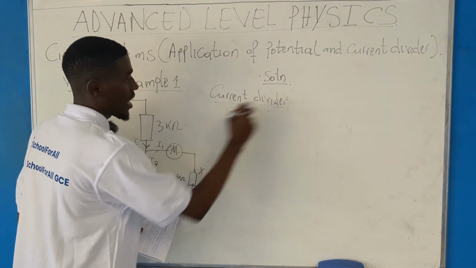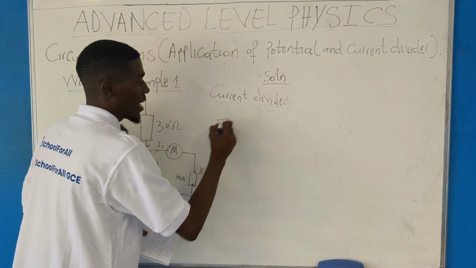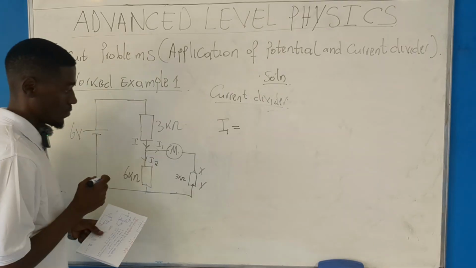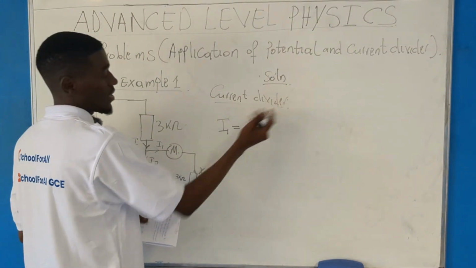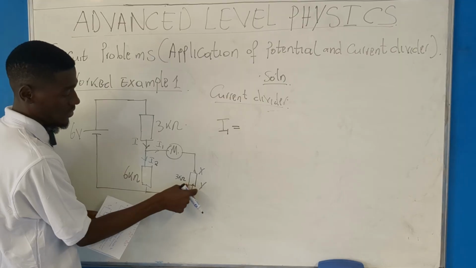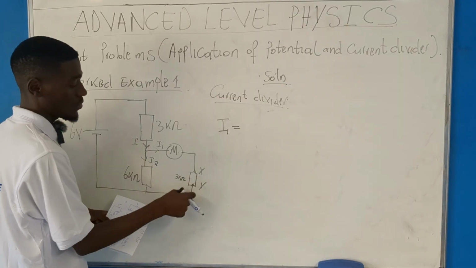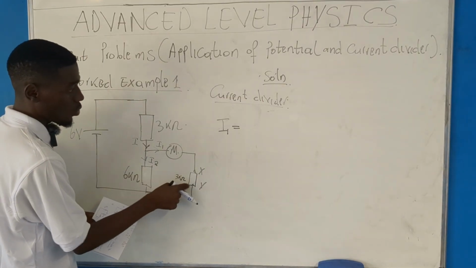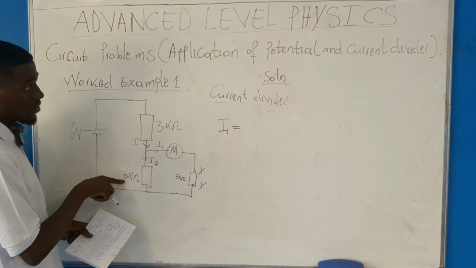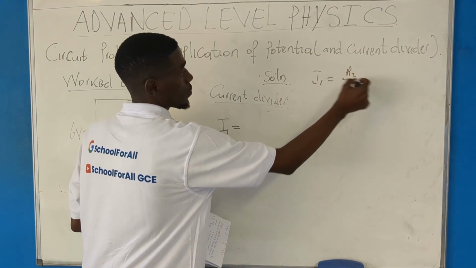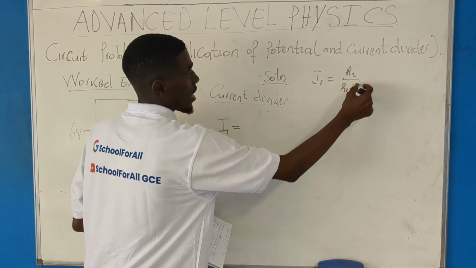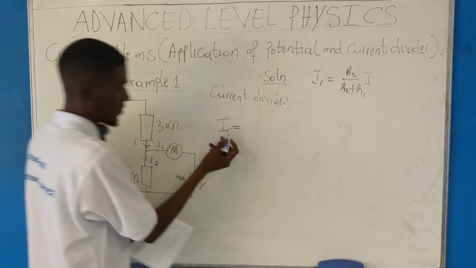It means that by applying current divider, my I1 will be simply equal to, now remember when you're talking about current divider, rather than starting with its resistor, or let's say with the resistance 3 kilo ohm, I will first of all start with the 6 kilo ohms. Remember, when I have I1, I take R2 all over R2 plus R1 times I. It's the same thing I will apply here.